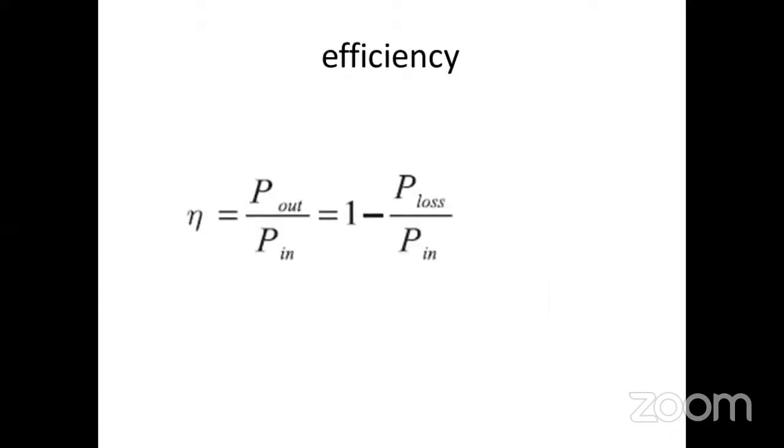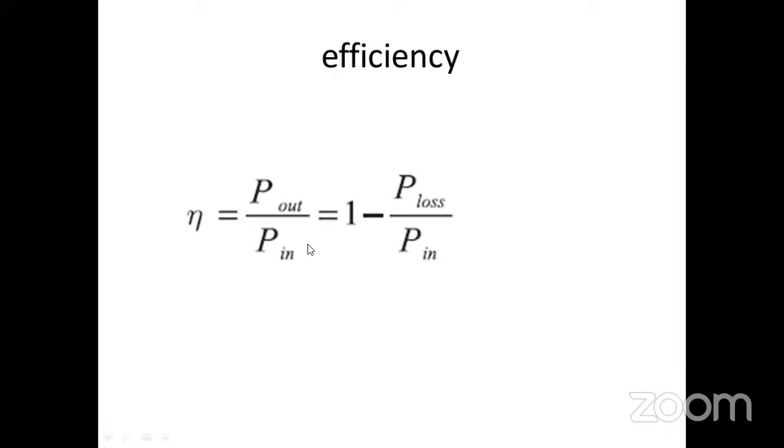What is efficiency? Efficiency is nothing but the output power divided by the input power. Output, we can write as input minus losses. So we can write P out as P in minus P losses. The first term, P in by P in, will become 1.